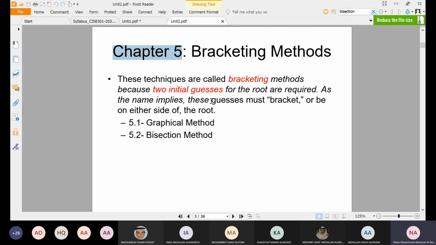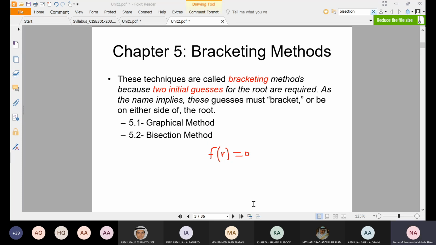Regarding the methods that we'll study here, when we talk about finding the roots, we want to find the solution of the function that makes it 0. We want to find the value of r that makes this function equal 0.